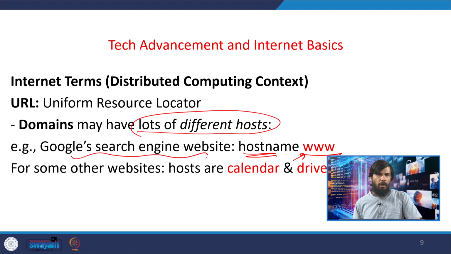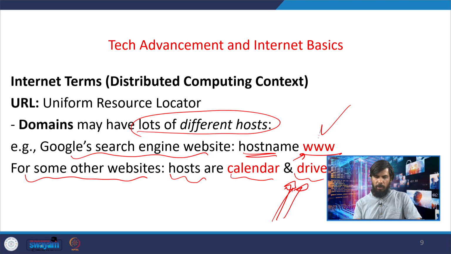But for other Google websites, the host names are actually different. For example, calendar.google.com and drive.google.com. All of us are very regular users of Google Drive, so you can check the host name for that particular service. The host name will be drive, and the host name for the search engine is www, which is sort of the default host name for websites being run by most organizations.